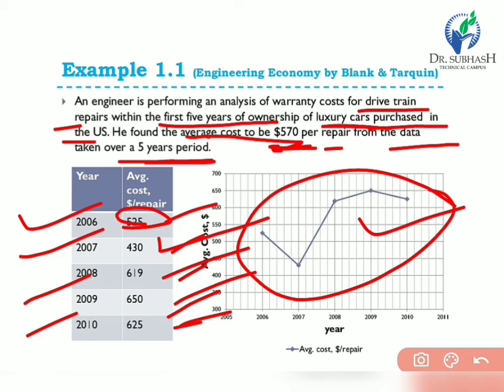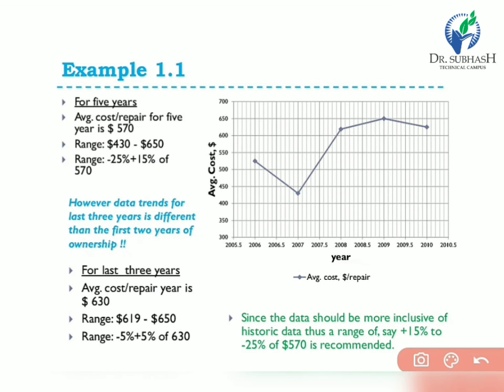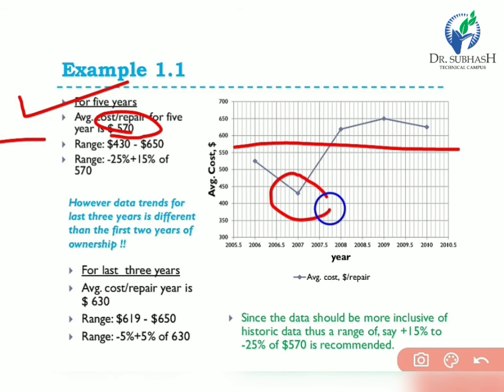Now from this data what we learn is that for 5 years the average cost of repair is $570. It means the range is minimum $430, maximum $650, and in terms of percentage it is minus 25% to plus 15% of the average value.